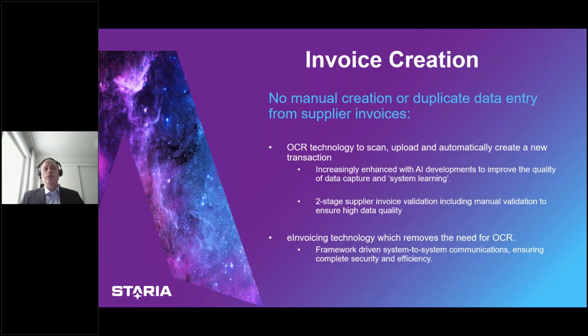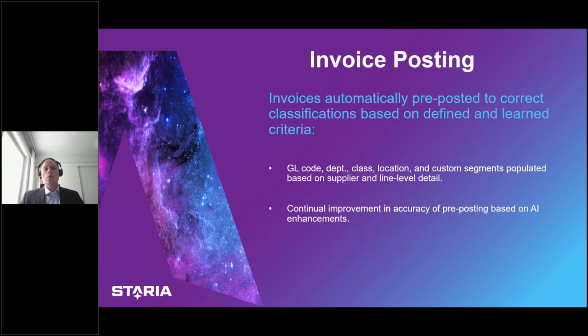For the invoice posting part, what does the automation look like at the posting part? Well, our invoices should be automatically pre-posted to correct classifications based on defined and learned criteria. So basically, GL code, departments, class, locations, or other custom segments should be populated based on supplier and line level details.